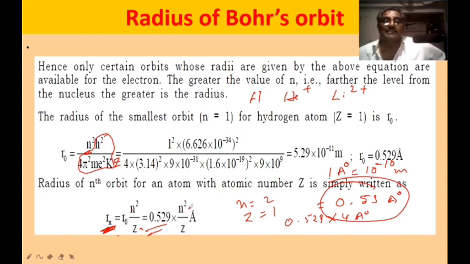For n is equal to 4, that is the fourth orbit, the value will be 0.529 into 16. So the second orbit is 4 times the first orbit, the third orbit is 9 times the first orbit, and the fourth orbit is 16 times the first orbit in the case of any species containing a single electron, like hydrogen, He plus ion or Li2 plus ion.